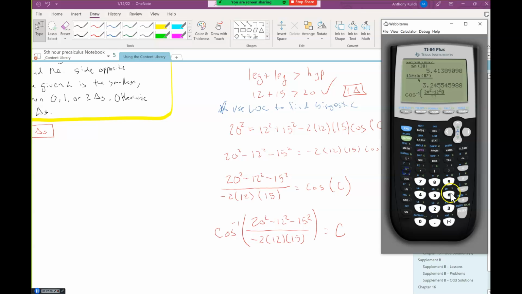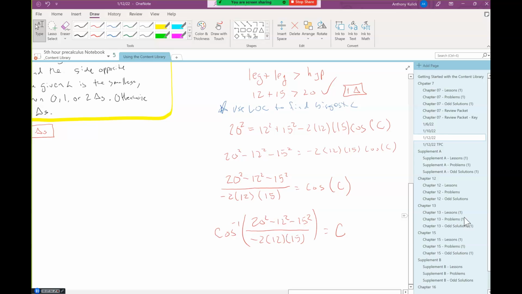I don't want to have to fight with my calculator about making sure it's doing the order of operations the way I want it to. Oops. I guess the order doesn't really matter down there. Okay, when I do that, I get 94.94.